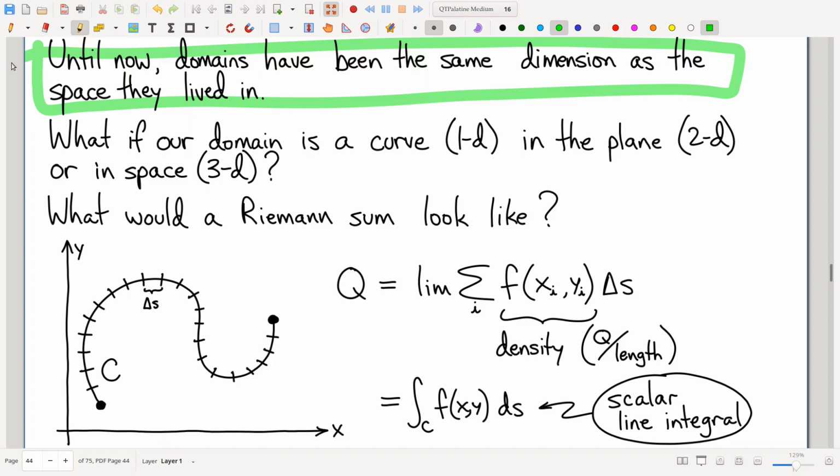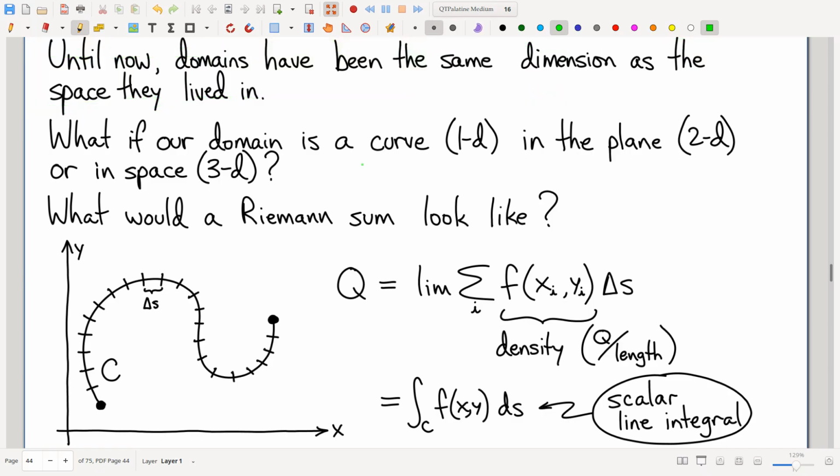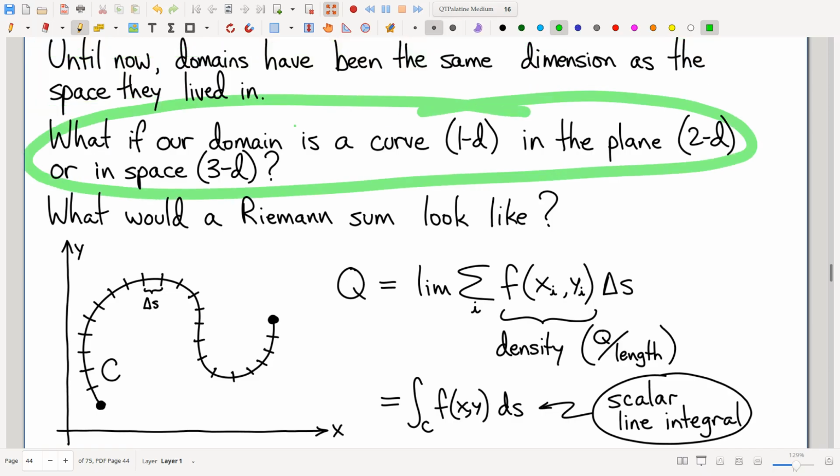And what we're going to find is that this does not always happen. So here's a reasonable counterexample. Let's suppose we're looking at a curve in either the plane or in space. Makes no difference for what we're doing here. Well, if for whatever reason there's some quantity that accumulates not over an interval, not over an area, but some quantity that accumulates over a curve. Right? So what does that even mean? Let me give you some real world examples of this.